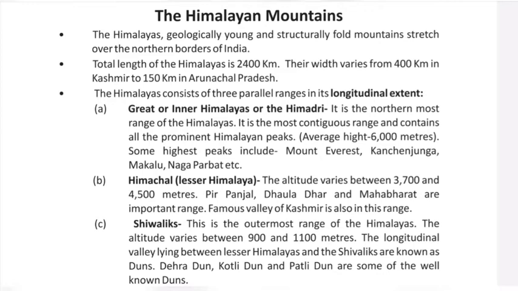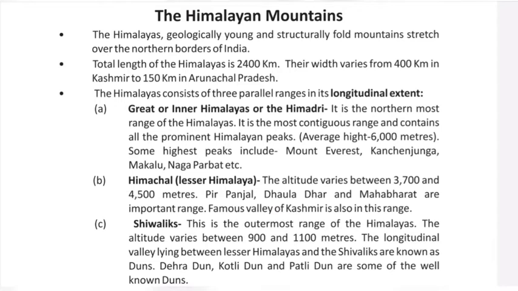While the Pir Panjal range forms the longest and the most important range, the Dhauladhar and the Mahabharat ranges are also prominent ones. These ranges include the famous Valley of Kashmir, the Kangra and the Kullu Valley in Himachal Pradesh. This region is well known for its hill stations.